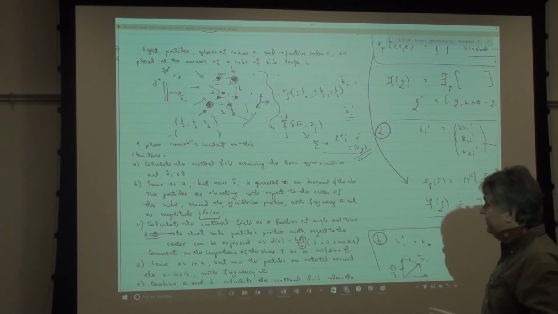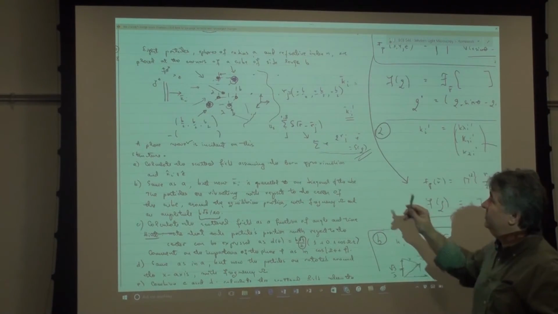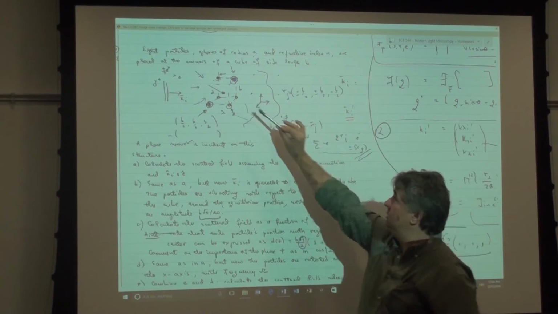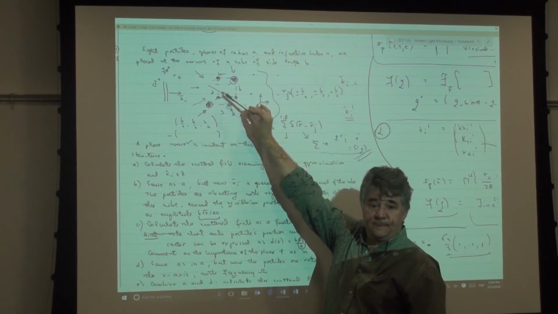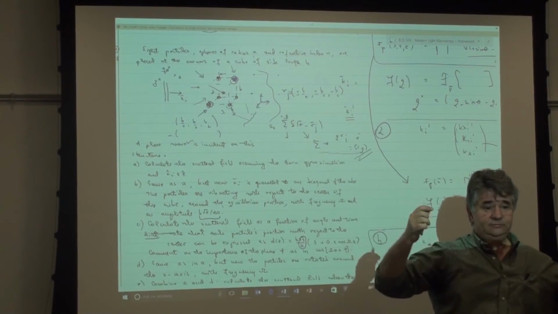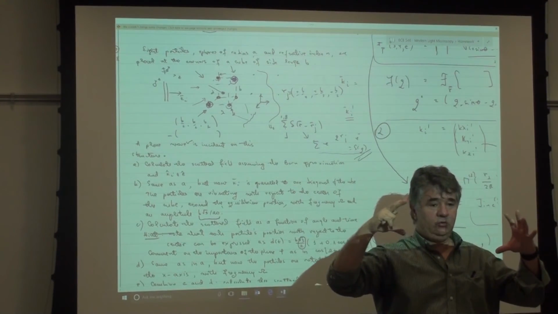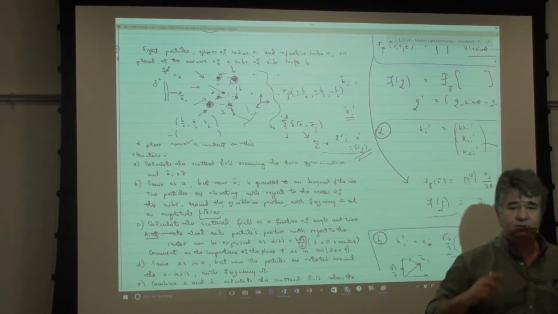And I made it very simple actually. They are vibrating with respect to the center of the cube, and along the diagonal. I couldn't have made it any simpler than this.